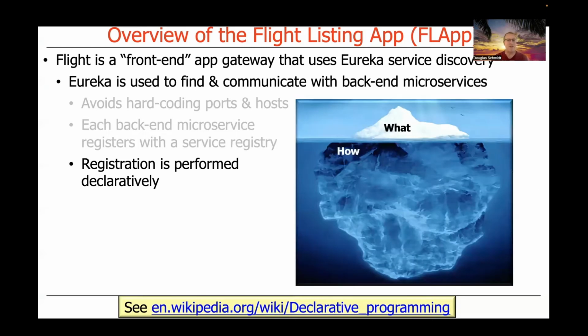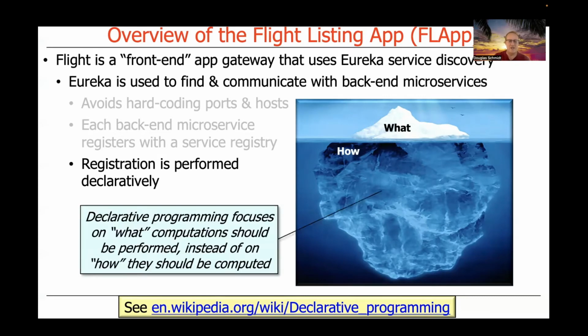Now, what's interesting about this is registration is largely performed declaratively. So you may remember from earlier classes or your own knowledge from work or study that declarative programming is a paradigm for developing software that focuses on what computations should be performed rather than on how they should be computed.